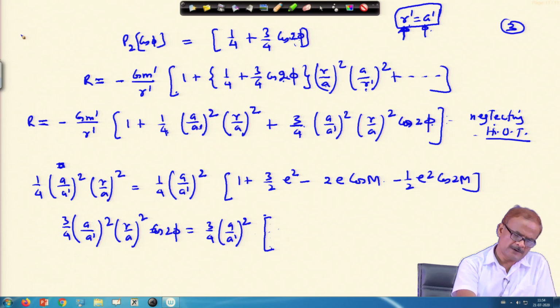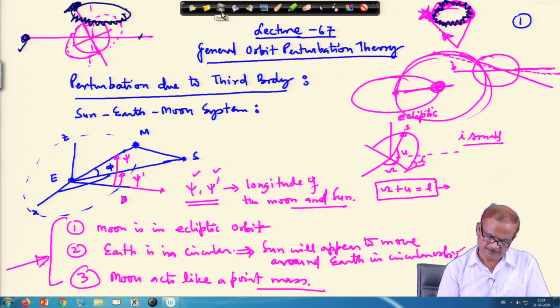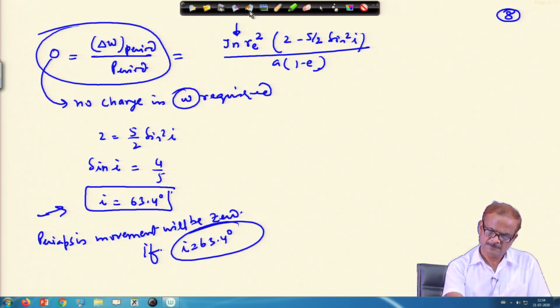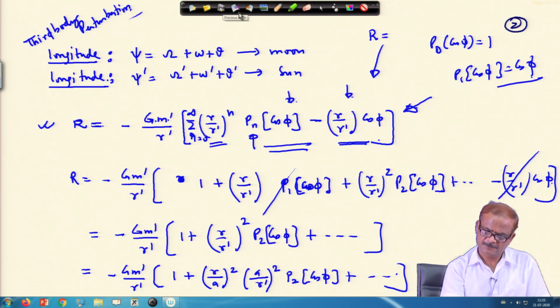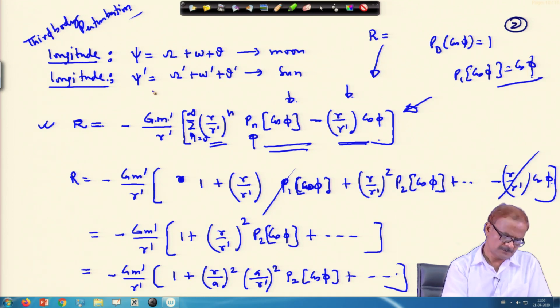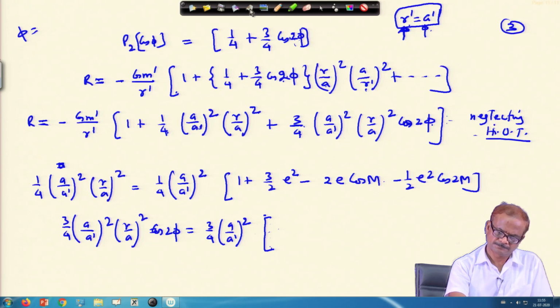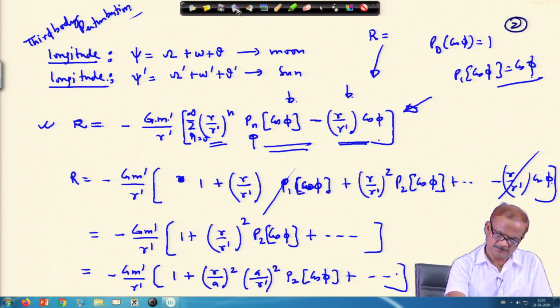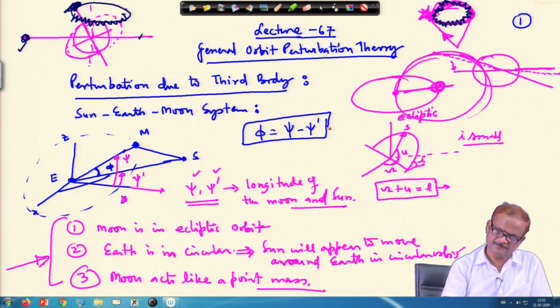So phi we have written somewhere, no, phi we have not still defined. Phi we have, phi is here. This is the angle, phi equal to psi minus psi prime. This angle we have defined.